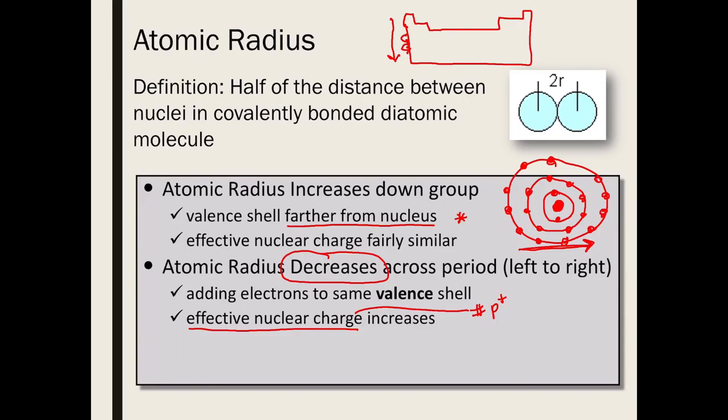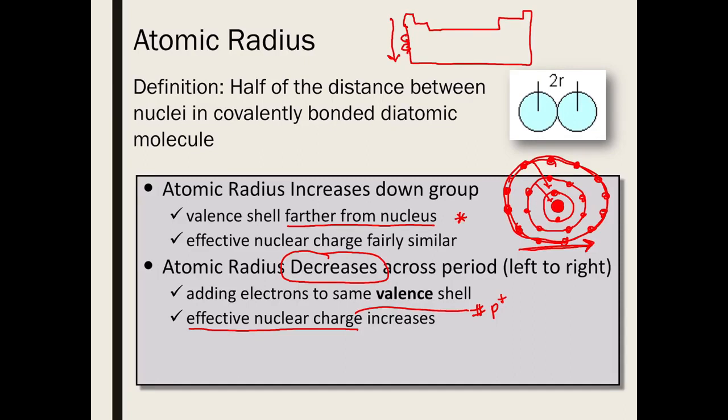And as we're adding more electrons to the same energy level, you're getting essentially more negative charge here, more positive charge in the middle, which draws this energy level, and all of these energy levels, in closer. So as we're adding more protons to the middle, more electrons to the same energy level, we get a stronger force of attraction.